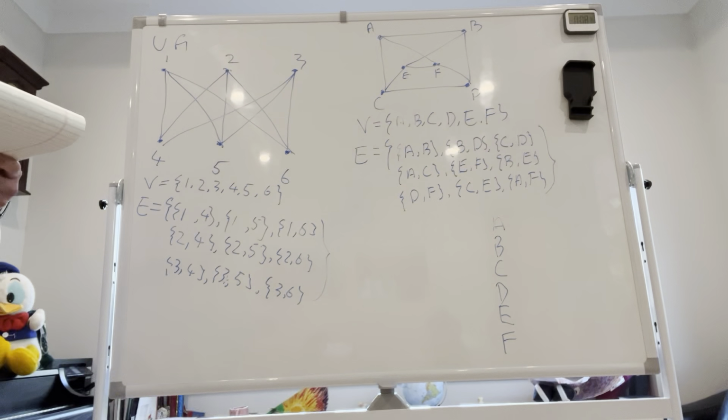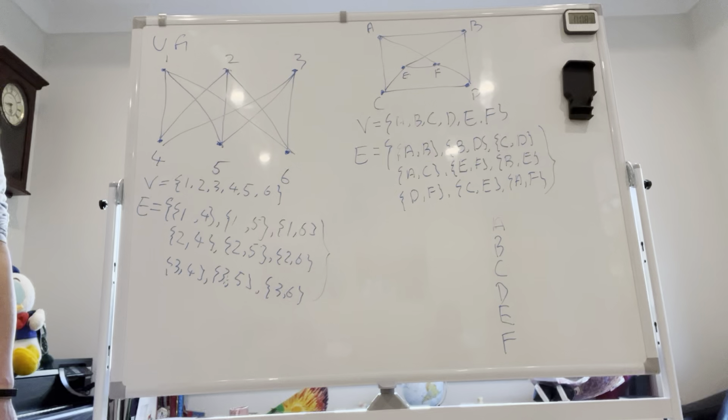I think for the A, B, C, D, E, F one, it's like 4 houses, and then houses are surrounding working places, and every house is connected to every house plus every working place.